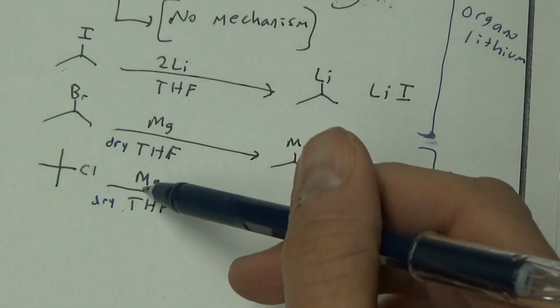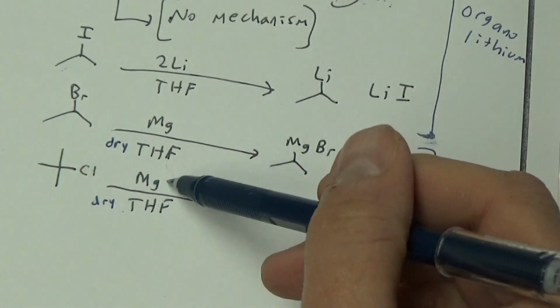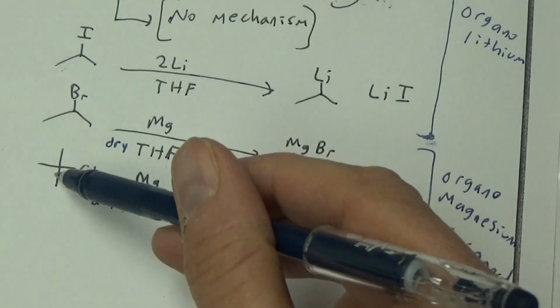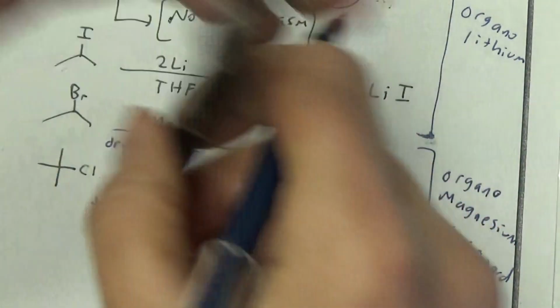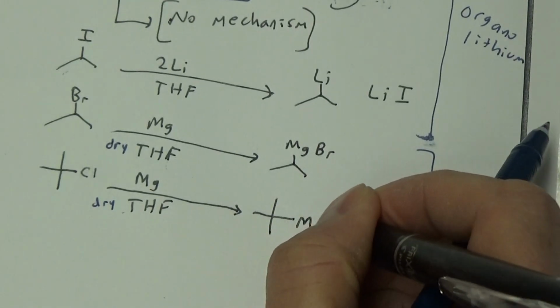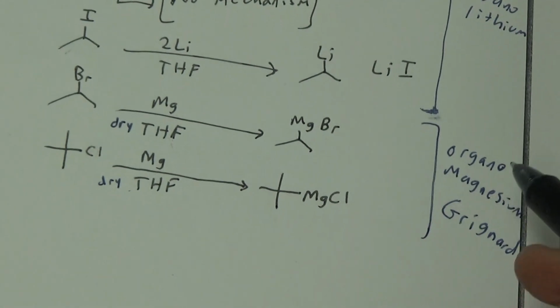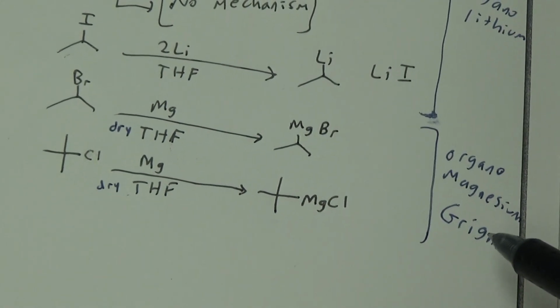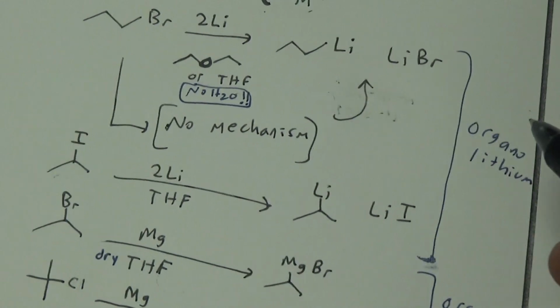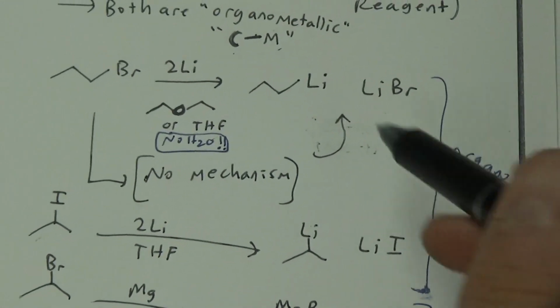All right, what do you think it's going to make? Tert-butyl chloride. Where's the magnesium going to go? In between the carbon and the chlorine, and then yeah, you just get that. All right, so these are organomagnesium reagents, also called Grignard reagents. What are these called? These are called organolithium reagents.